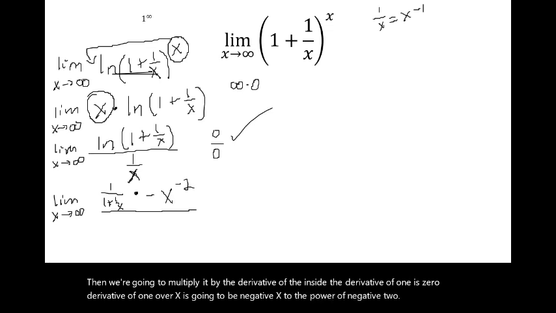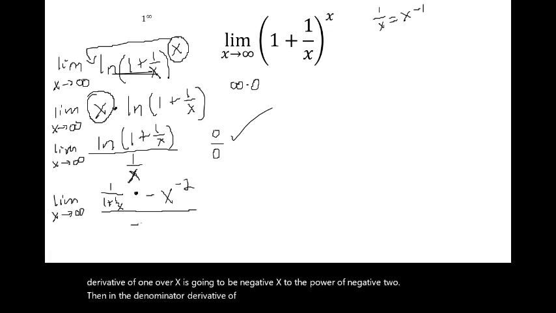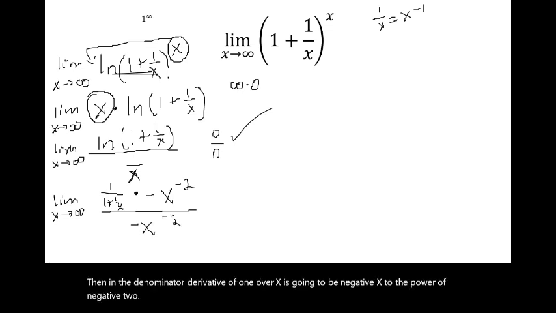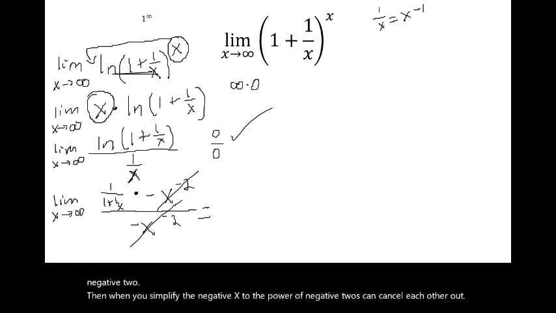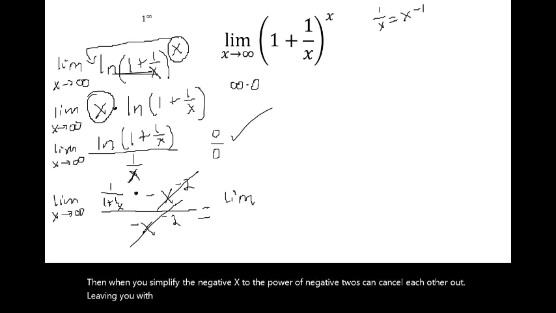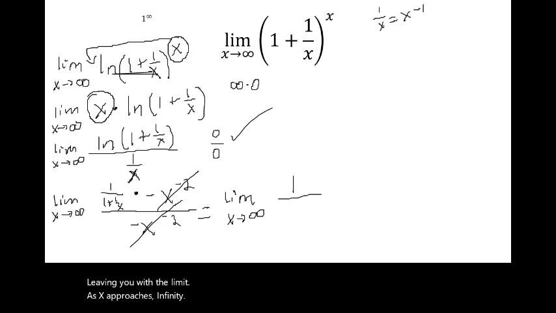Then in the denominator, the derivative of 1 over x is going to be negative x to the power of negative 2. Then when you simplify, the negative x to the power of negative 2's can cancel each other out, leaving you with the limit as x approaches infinity of 1 over 1 plus 1 over x.